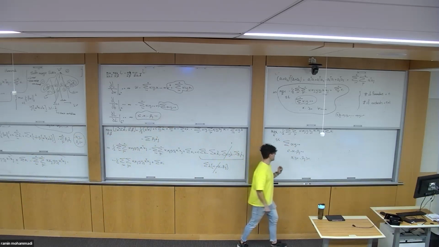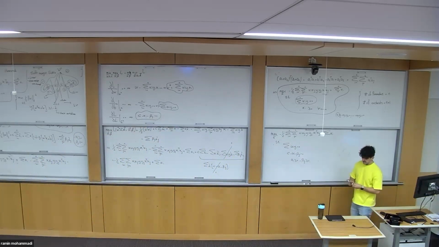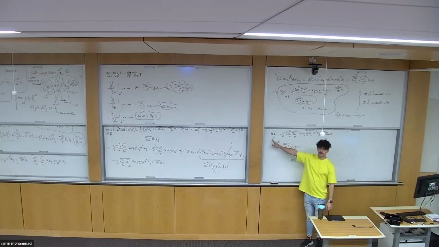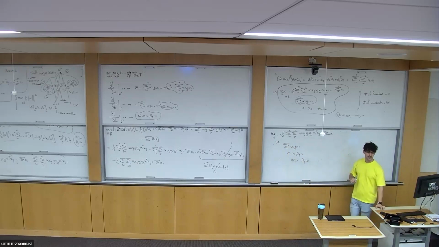Okay. Now, let's look at one thing here. Look at this optimization that we are doing. We are maximizing this objective function with respect to what? Alpha, because alpha is the only unknown remaining, right?